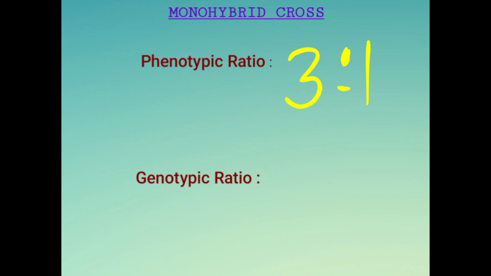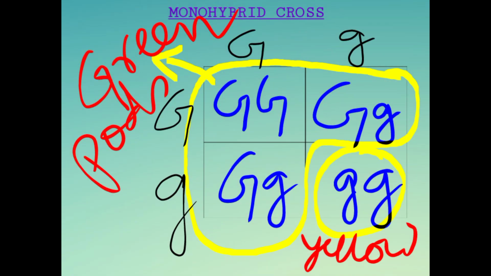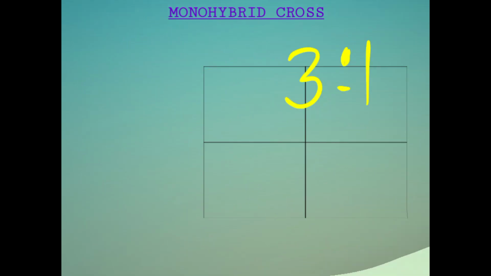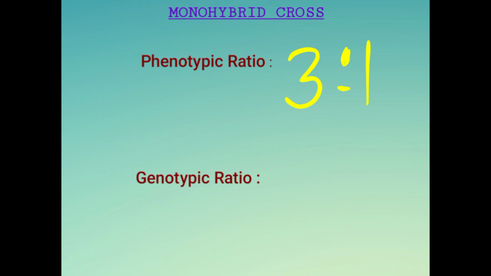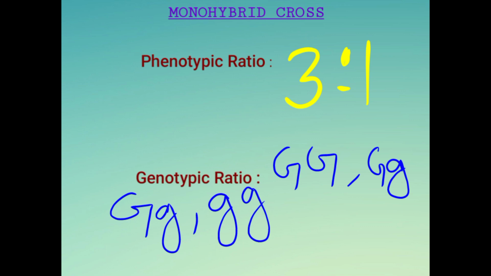And the genotypic ratio. Now for the genotypic ratio, again we will go back. Genotypic ratio means the internal structure. I have told you, the genetic material. So what is the genetic material? Here we are having one capital G capital G, one capital G small g, another one capital G small g, and one small g small g.